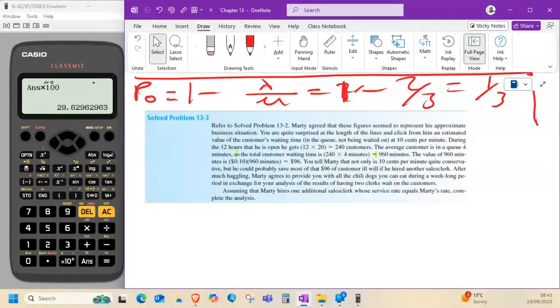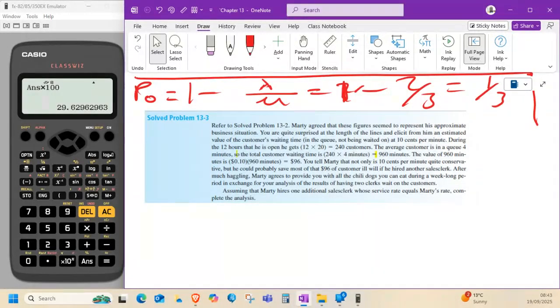Right. So now this section says refer to solve problem.